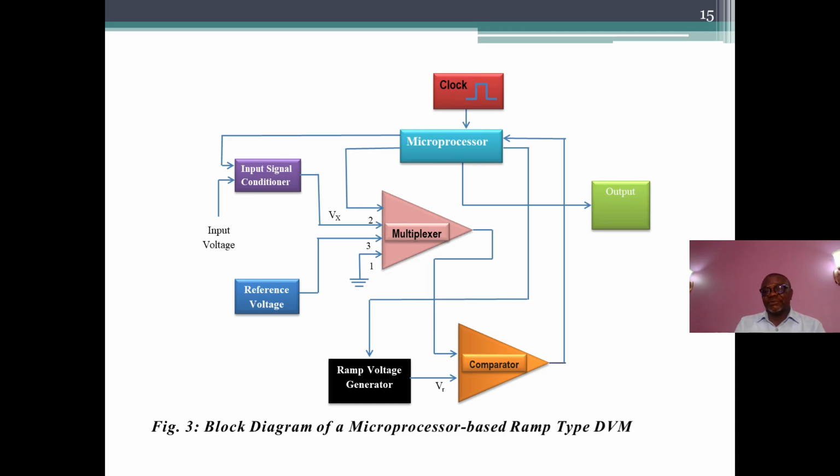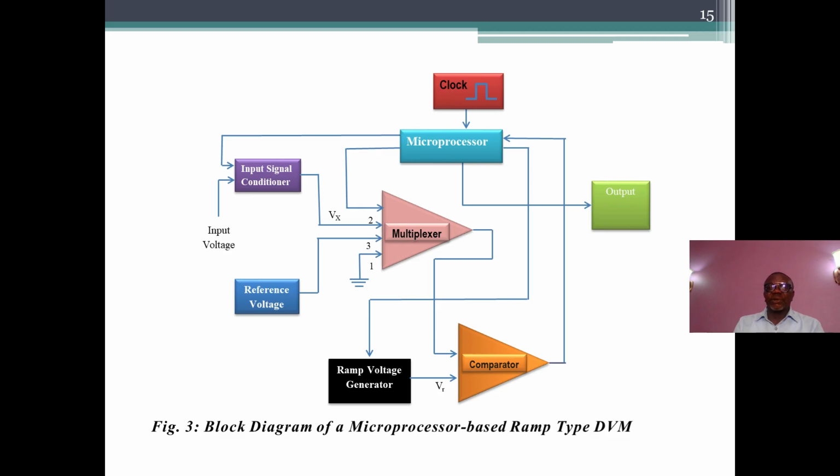Remember the speed. So immediately you connect the signal, in microseconds, the thing is taking place. So we say that the microprocessor remains at 0 state until it gets a command to start operating. So that command comes from the clock.